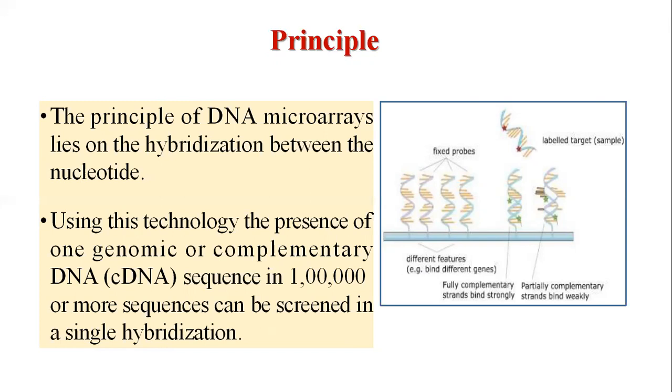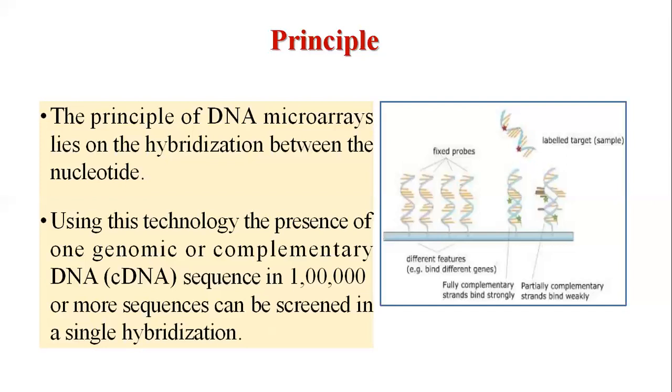Many DNA sequences are there, so which sequences have similarity? We can separate those sequences from the others. DNA hybridization is usually used to determine the genetic distance between two organisms.